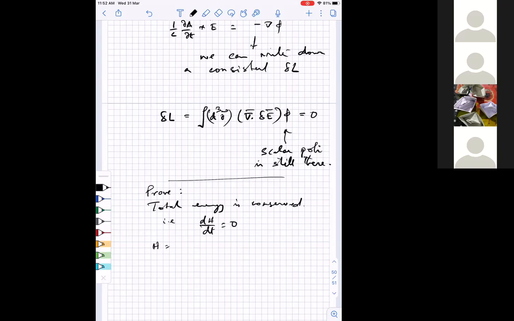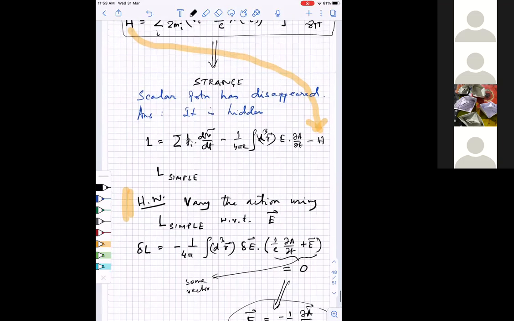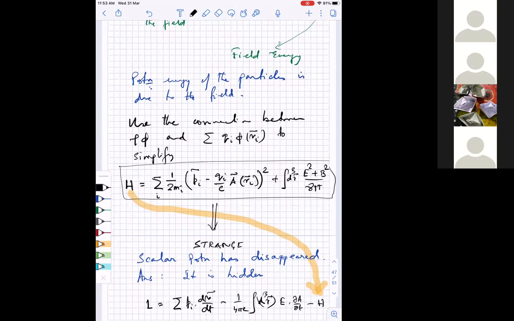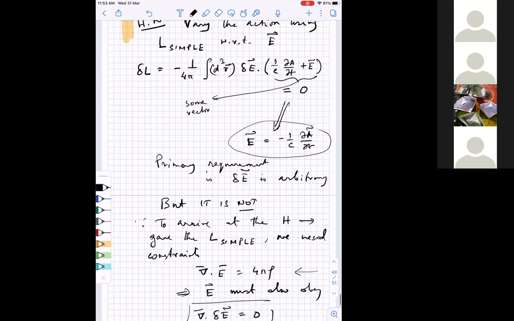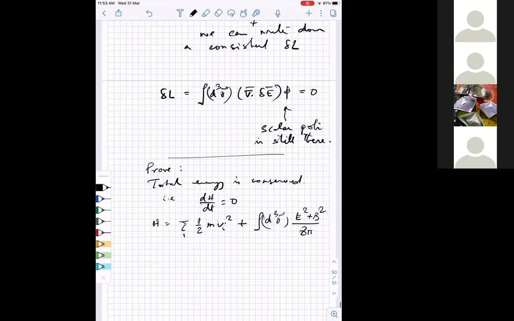Over here, your H is half m i v i squared plus this H. Show that. So go over here, take derivatives from over here, and try to prove that this is conserved.